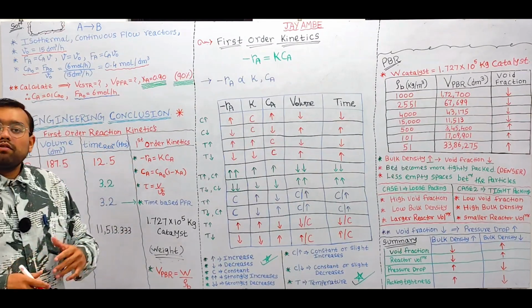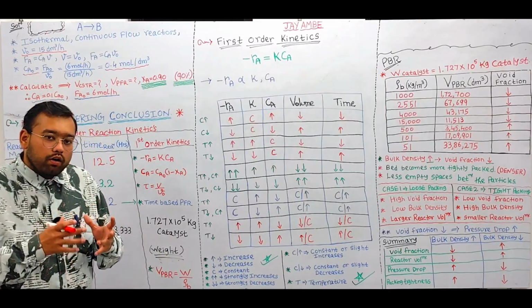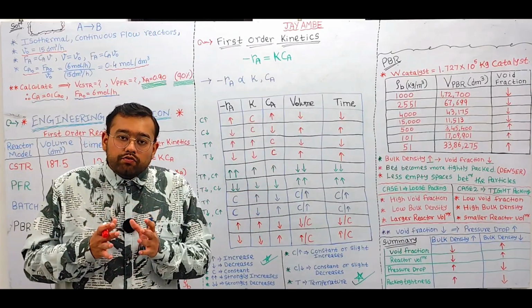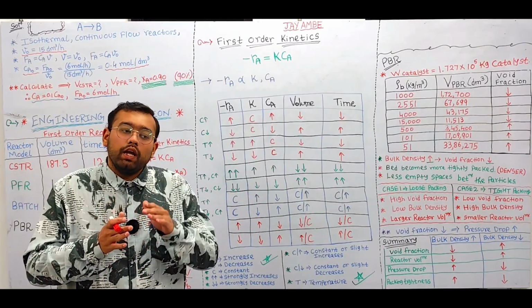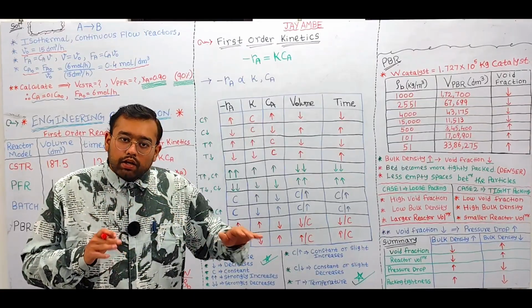So due to the higher rates of the reaction, there will be a very good conversion of reactants into the product, right? And along the length and volume of the plug flow reactor, the concentration of reactant will slowly and gradually decrease, due to which the reaction rate will also slowly and gradually decrease, right?